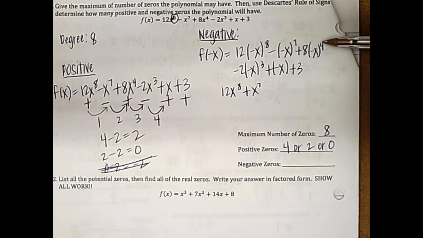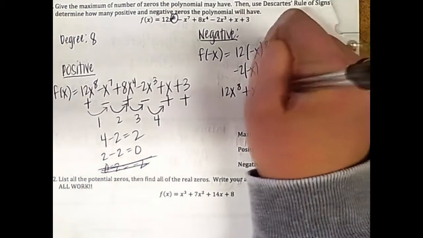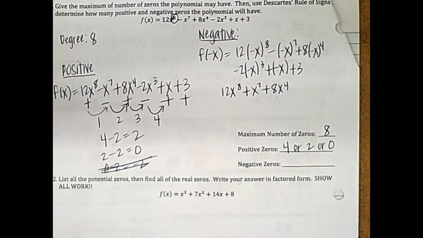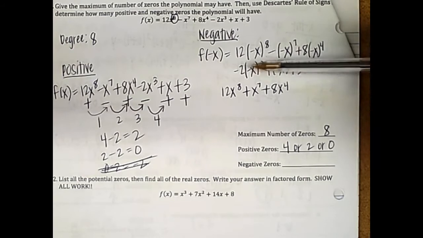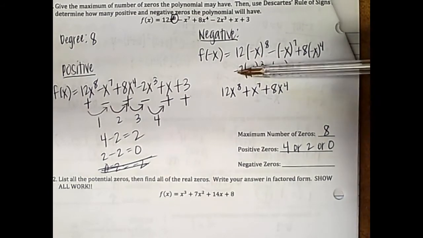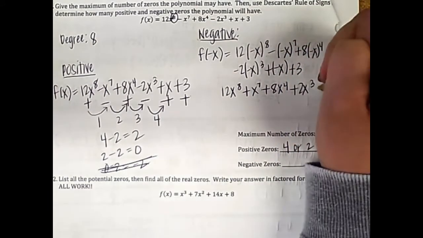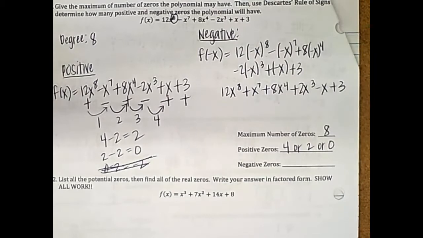The negative x to the 4th is an even exponent, so the negative goes away, plus 8x to the 4th, and then minus 2 times negative x to the 3rd. The negative is going to stay there. It will multiply with the negative 2 to make positive 2x cubed minus x plus 3.